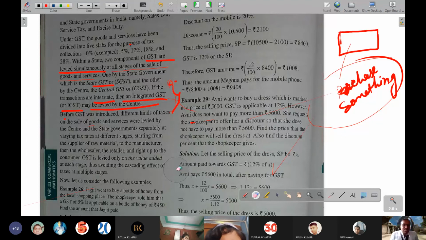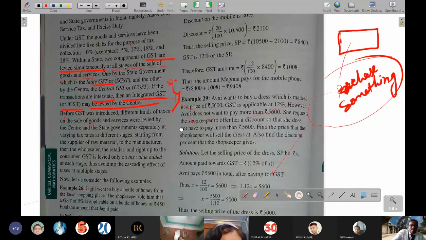GST is levied only on the value added at each stage.